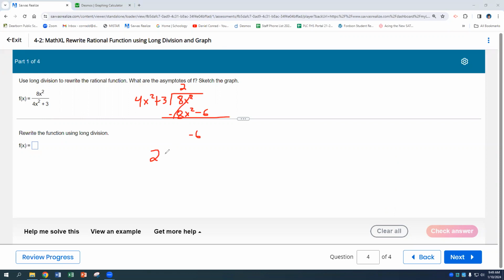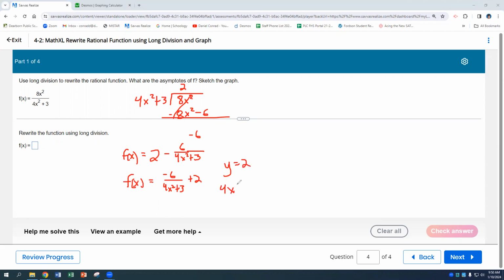So I'm gonna have 2 minus 6 over 4x squared plus 3. Again, I can write it the other way if I would want to. I don't have to. Negative 6 over 4x squared plus 3 plus 2. Okay, so my horizontal asymptote is going to be y equals 2.